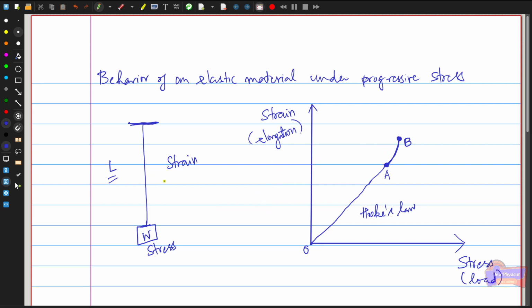The wire will not regain its original shape when you remove the load at point B. This point B is called the yield point.